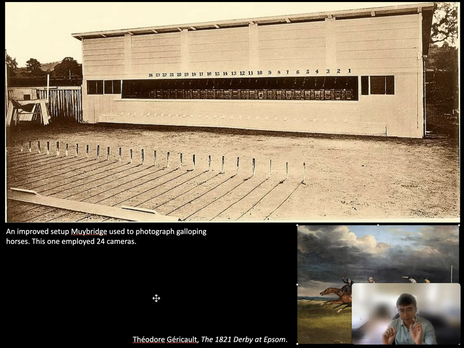But I want to remind you that for Muybridge to be able to set up this very advanced experiment, some kind of advancement, some kind of development had to happen before this. That is, the shutter speed has to be quick enough.